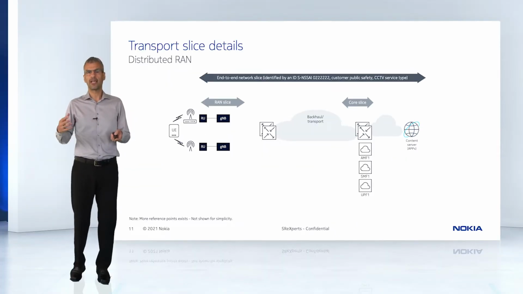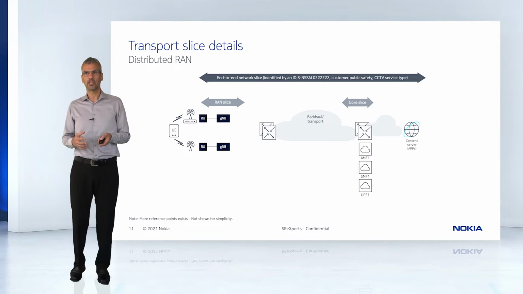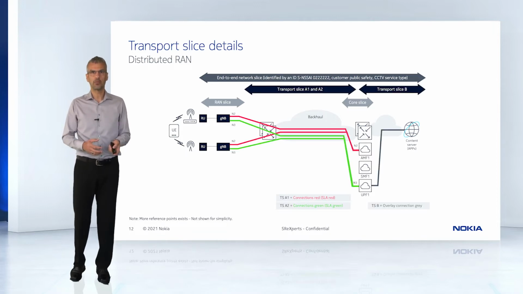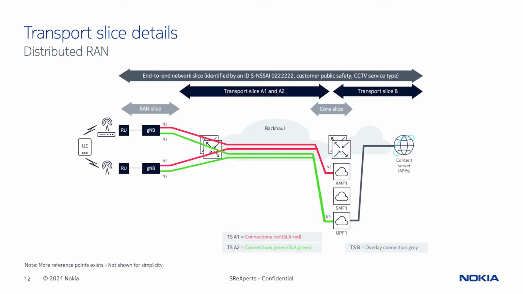I grayed out the RAN and core slice because we are really not talking about it in this presentation. But from the transport perspective, we are creating connectivity between gNodeBs, for example, AMF and UPF, connection red and connection green, through interface end-to-end entry. You can think of red as a control plane, for example, or a portion of the control plane, and green as the data plane. So we created two transverse slices, two groups of connectivity, connection red and connection green, with a specific SLA.